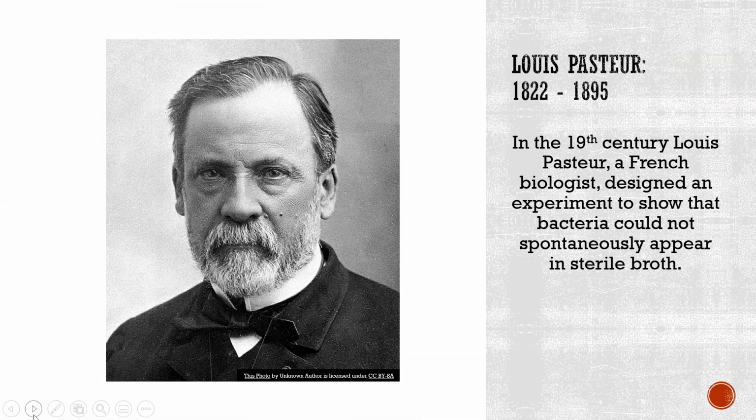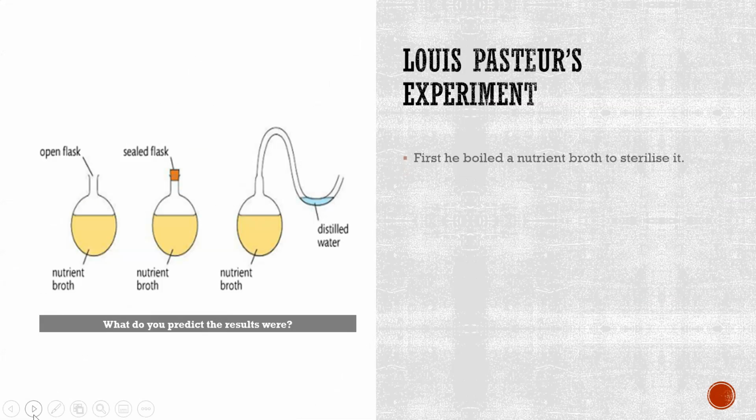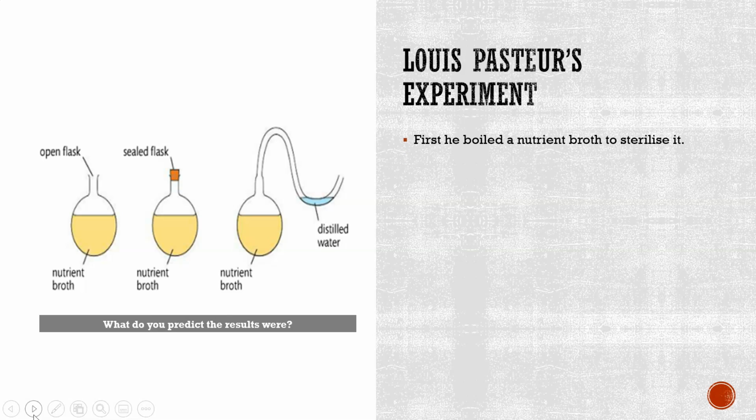Okay, here we've got Louis Pasteur. He was a French biologist and he did some experiments that showed or proved spontaneous generation to be incorrect. So this was an example of his experiment. He boiled some broth to neutralize it, so it was sterile broth.